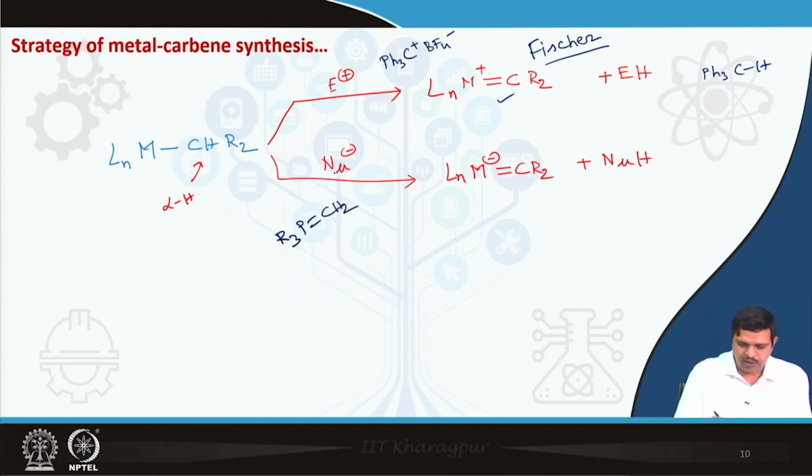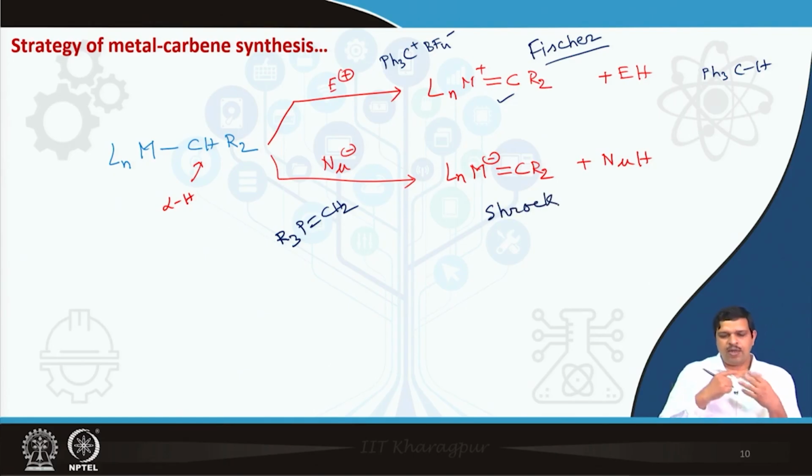So this is like a base, which will act as a nucleophile. Then you will get this kind of carbene, and generally this strategy is followed to make the Schrock carbene complexes. Here you are adding a nucleophile, that is, more electrons.